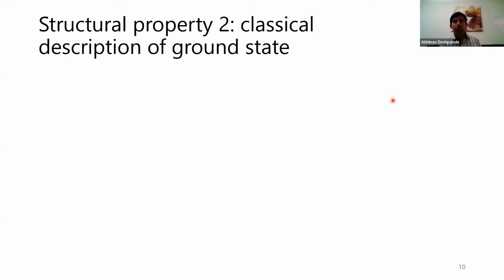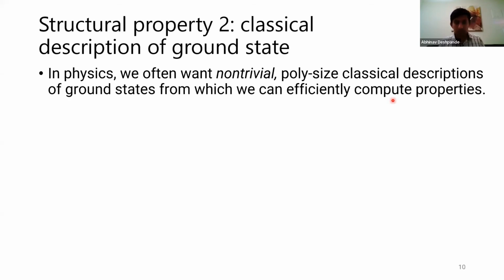The second structural property we'll be studying is that of the existence of classical descriptions of ground states. In physics, we often want non-trivial polynomial-sized descriptions of ground states from which we can efficiently compute certain properties, such as the energy or some local observable. It's not obvious that these descriptions exist, but for some cases they do.